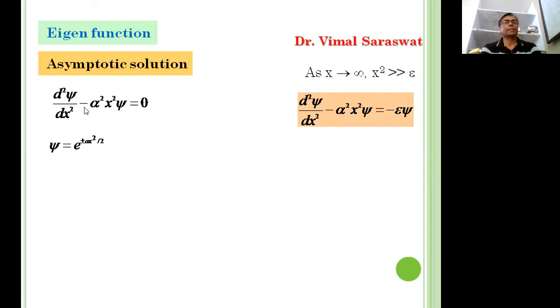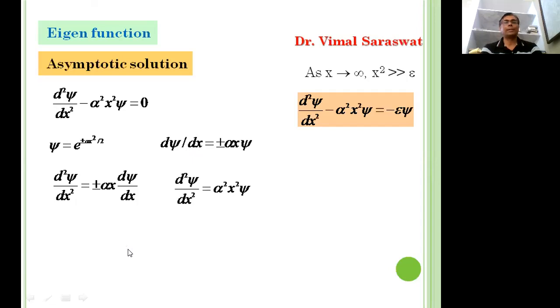Let the solution of this equation be psi equals exponential plus minus alpha x square by 2. If we differentiate it, then d psi by dx equals plus minus alpha x psi, and the second derivative is d2 psi by dx2 equals plus minus alpha x d psi by dx. Since d psi by dx equals plus minus alpha x psi, we substitute it here.